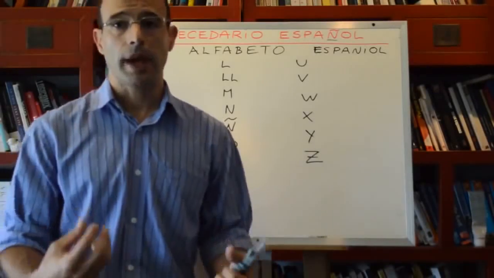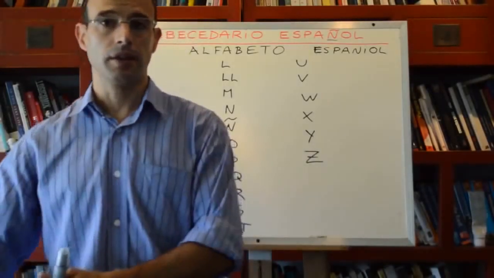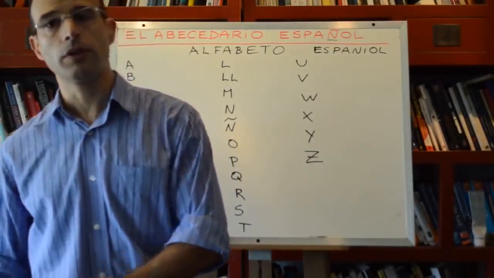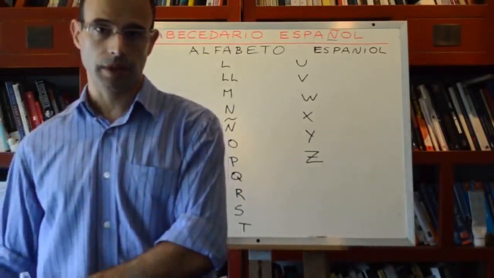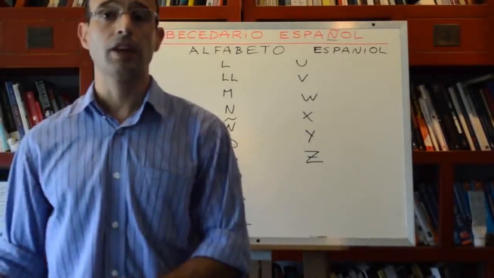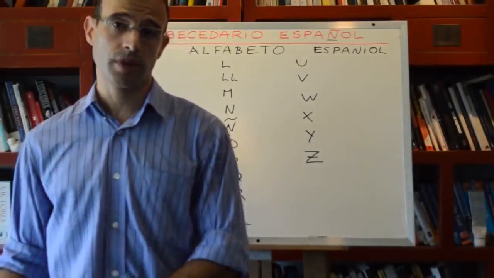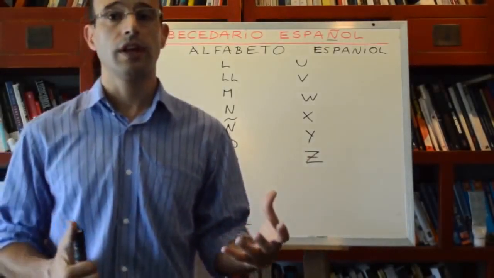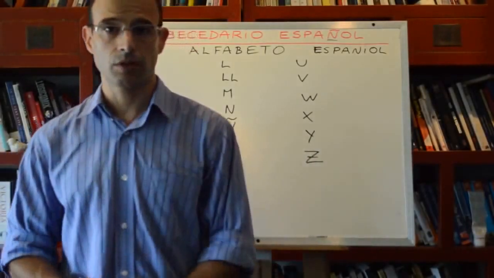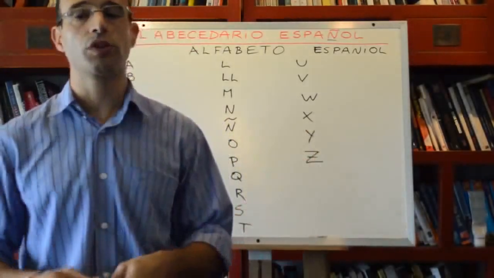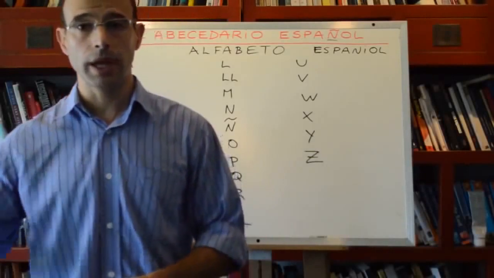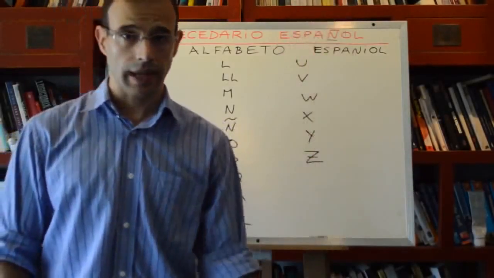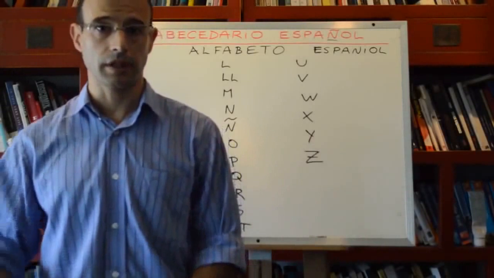Spanish comes from Spain, the Kingdom of Spain, which has more than one official language. The main language is Castilian Spanish, which is what's spoken in most of Spain and in all Latin America, except Brazil, I guess.